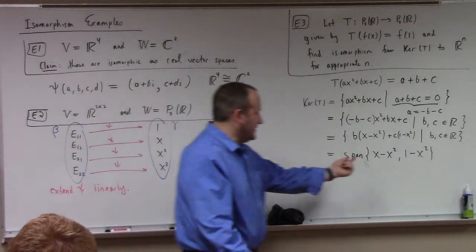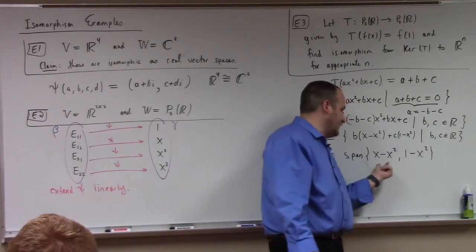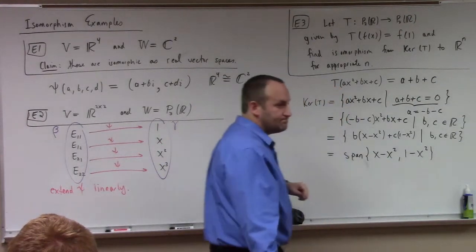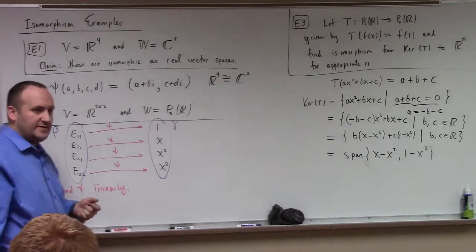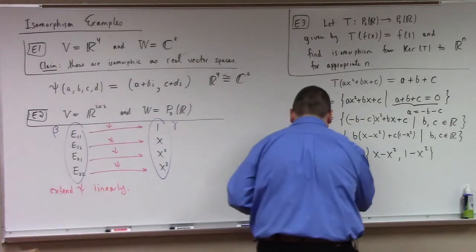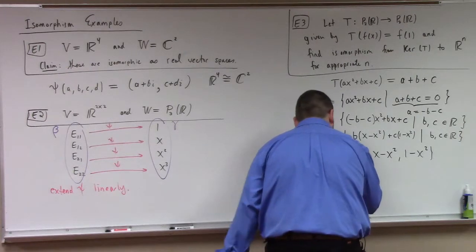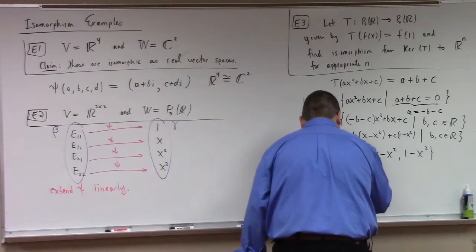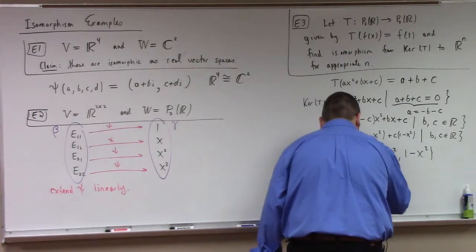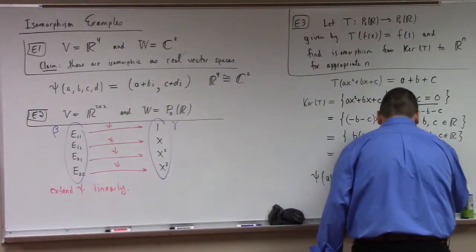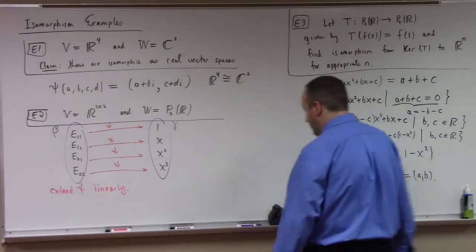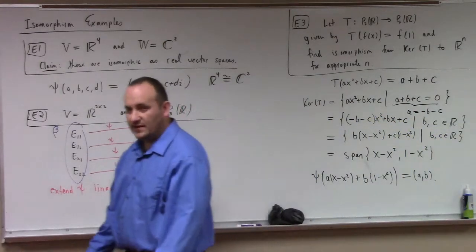These are definitely linearly independent because I cannot write one as a multiple of the other, all right? Consequently, what's the isomorphism? How about this? Psi of a times x minus x squared plus b times 1 minus x squared equal to ab. There you go. That's an isomorphism, n equals 2.